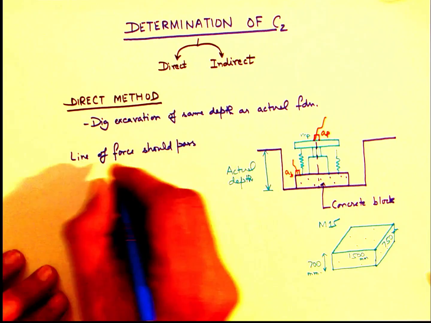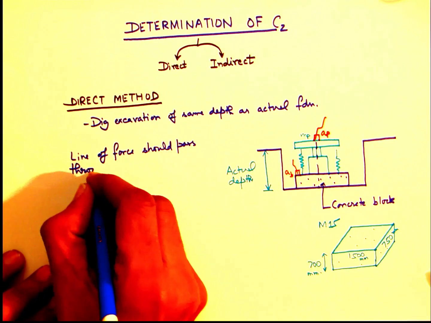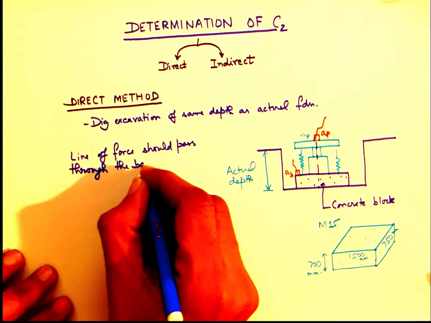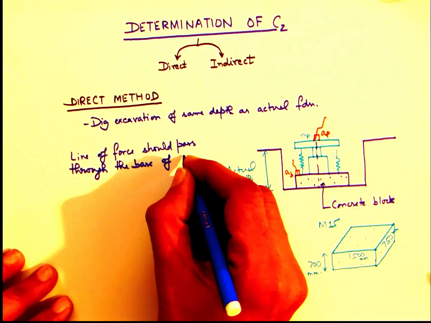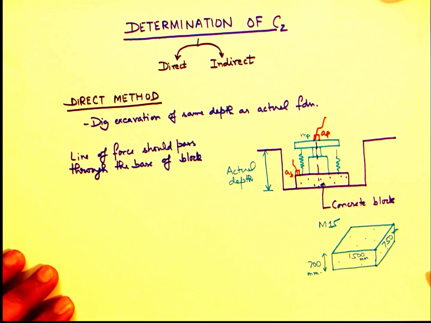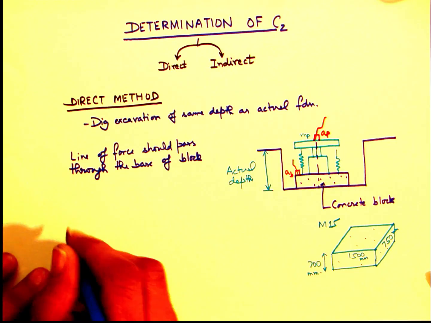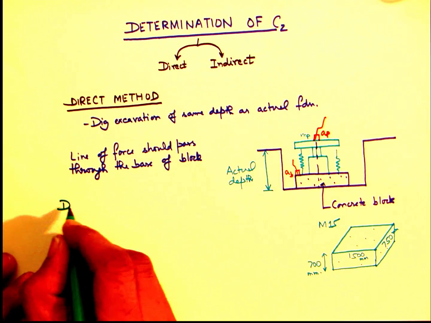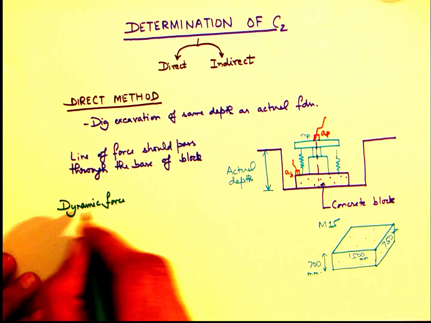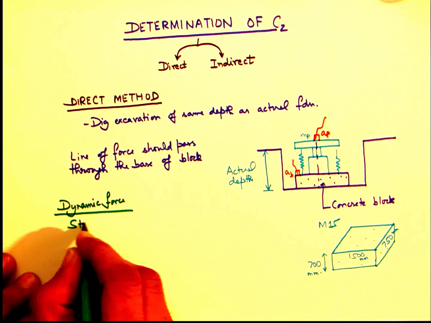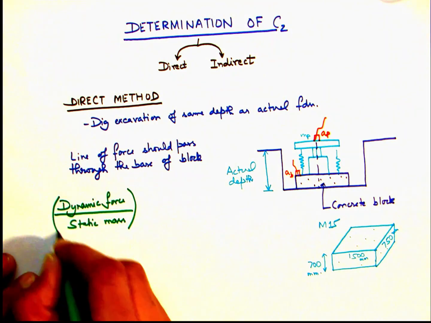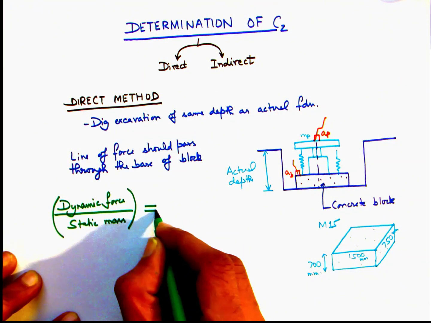Now the shaker should be positioned such that there is no eccentricity involved. So here pure vertical vibrations are generated. Also it should be made sure that the ratio of the dynamic force to the static mass of the system should be as per the actual scenario.